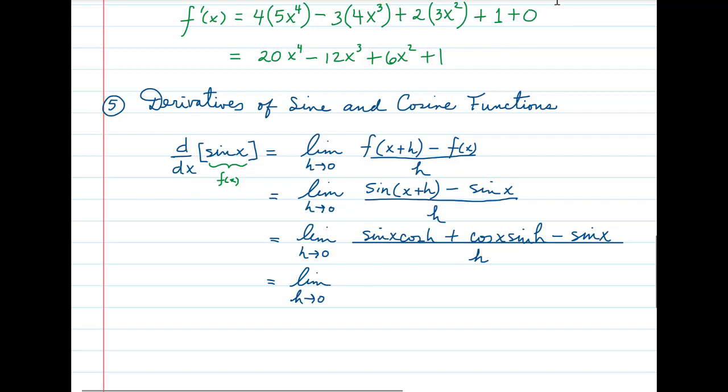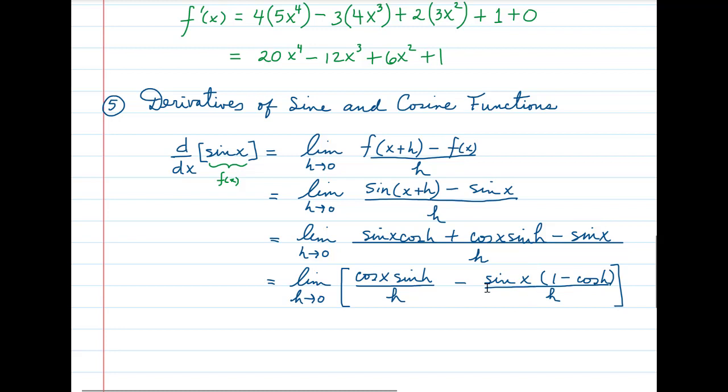So what do we do next? We're going to try to move some things around and figure out if we can use some limits that we already know. Okay, so here we have it. All I've done is move this middle term and write it first. We're adding all these terms so we can move them around. Then I took the other two, the first one and the third one, and now notice that I have sine x in both terms, so I went ahead and factored that out.